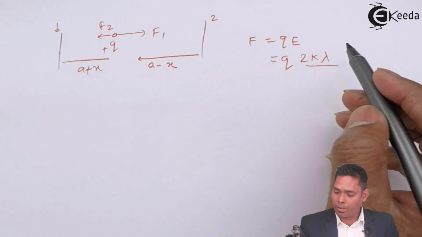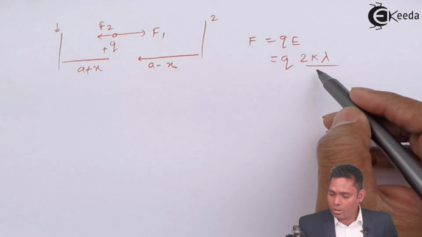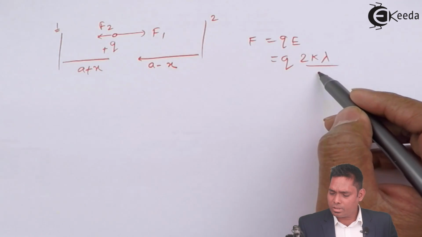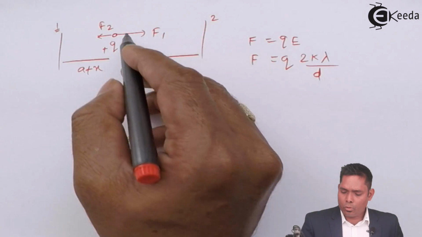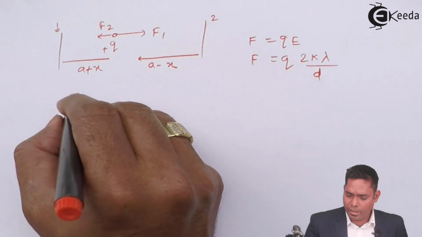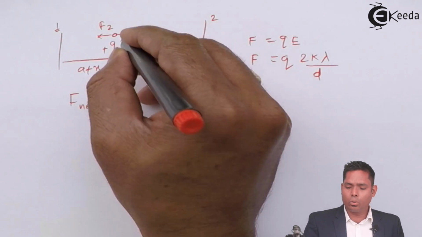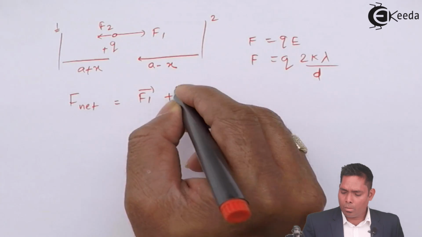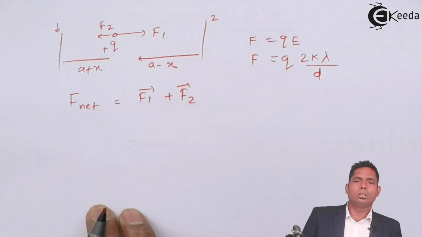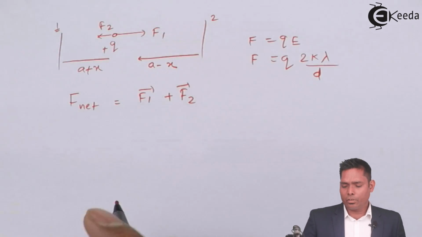So for F1, this formula I have to use. The net force acting on the charge q will be the vector sum F1 plus F2, but because they are in opposite directions, one will be positive and another negative.